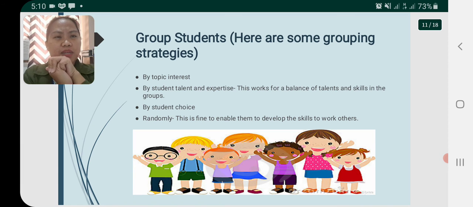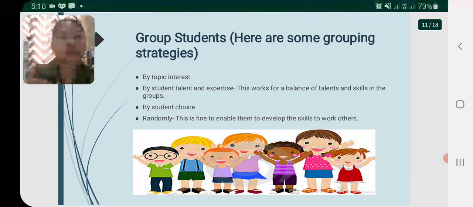So, mag-isip ka ng topic kung ano ang mas magandang topics ng inyong grupo, 'di ba? Sa mga estudyante, kung sino yung magagaling, yung may expertise sa mga talent, kung ano mas magandang gawin, kasi pwede yun maging human project, 'di ba? Yung group ngayon ay nakikita natin sa mga advertisement sa TV.